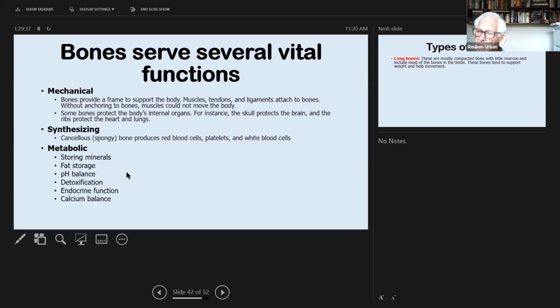Remember, we mentioned fat is in the bone marrow. In fact, I remember when I was a kid, my grandmother used to buy beef bones from the butcher and boil them up, and because the bones were cut up by the butcher, there were little segments, and you could see the marrow.